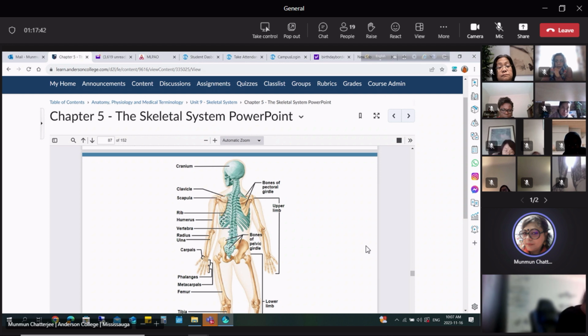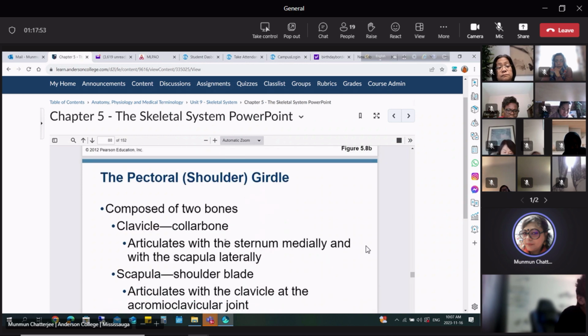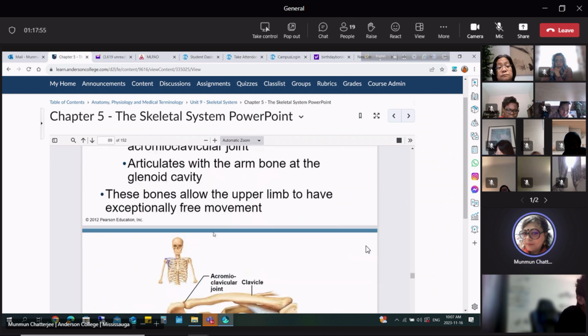But the scapula is only the fan-shaped blade, which is articulated with your arm bone, called the humerus, and in the back with the clavicle. So that is basically the pectoral girdle. These bones allow the upper limb to have exceptionally free movement. When you are moving your hand, you can see the scapula gliding.